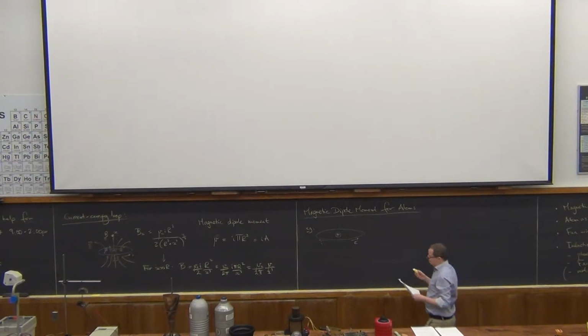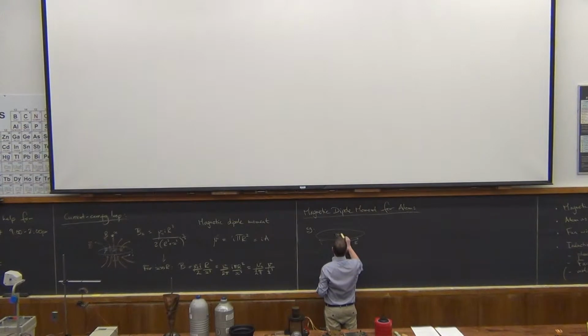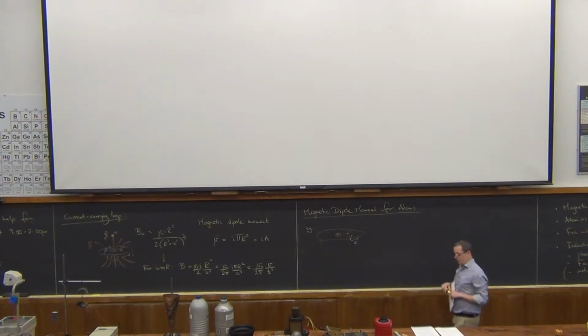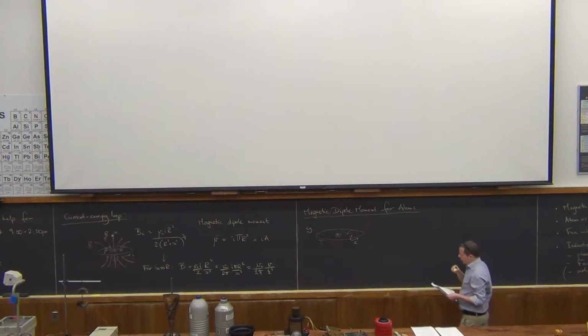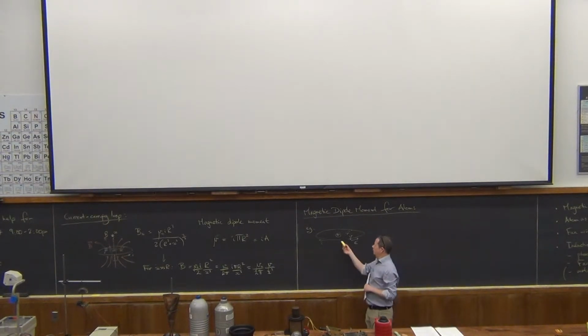Let's say that this has a radius little r, and that this thing is moving with a constant speed v around this circle. And we're going to assume, not as an approximation in general, that the nucleus here is stationary. Maybe possibly slightly controversial.